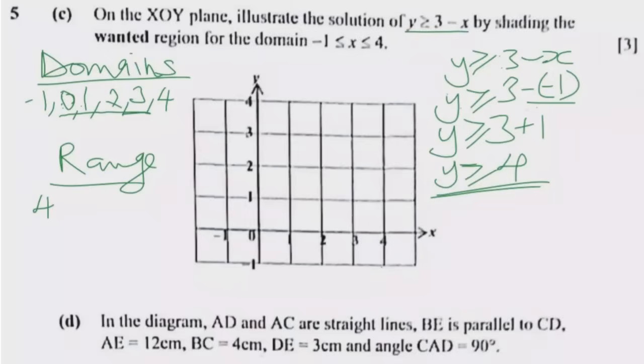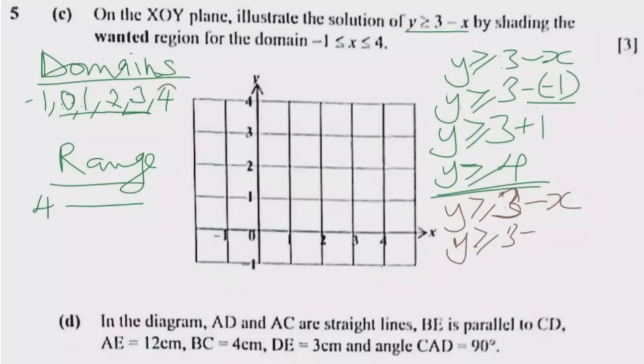Now for the other domains, that is 0, 1, 2, 3, I'm not going to use them, so I'll skip that. I'm going to use the same function, y is greater or equal to 3 minus x.